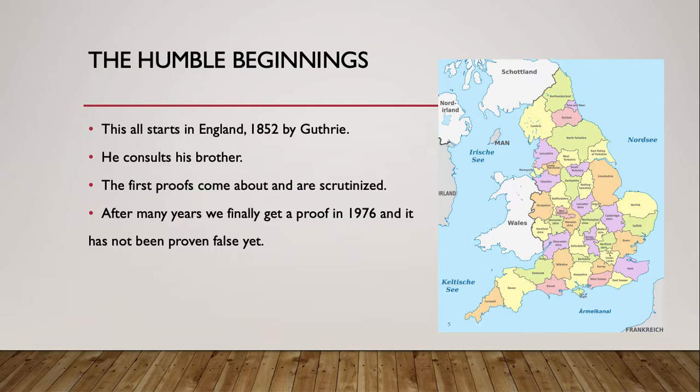The first proof that was very well known was by Kemble, and this was later shown to be false 11 years later. And likewise, there were plenty of more proofs that came about that were proven incorrect, and that was for a multitude of reasons.